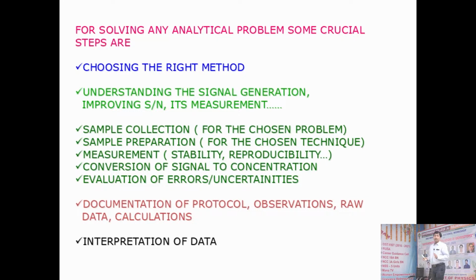In any analytical problem, you will not see the entire matrix; you take a sample and do the analysis. Definitely you are taking a very small fraction of the matrix and then preparing the sample. Then this sample should be a true representative of the matrix. Suppose you want to see the water contamination in the Godavari river, some elements you want to see. You will definitely not collect the entire Godavari river here.